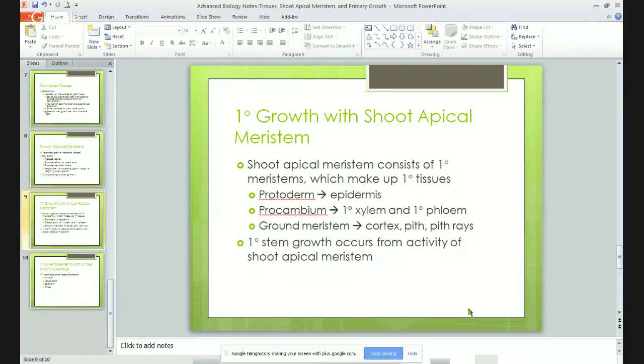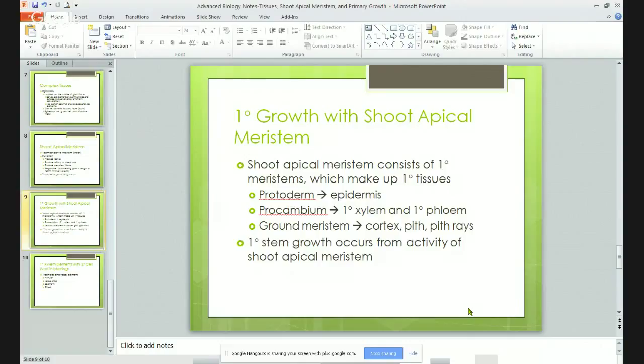Basically, you've got the epidermis going around the outside. You can see that. This is where the guard cells would be. I didn't draw them in this particular diagram. We'll talk about it tomorrow when we go into the primary stem anatomy. So you've got your epidermis there.